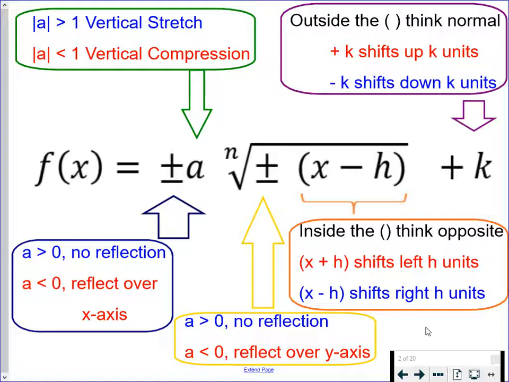If we reflect it over the y-axis, it is going to be something different. Everything else is the same in front. If it's a negative, it reflects over the x-axis. Vertical stretch, vertical compression, left and right, up and down. That's all the same. Notice how I have an n as the index, because that applies for square roots, cube roots, fourth roots, you name it. All of those still apply.